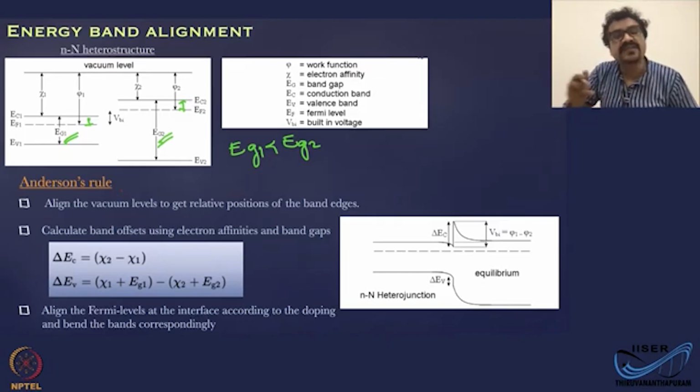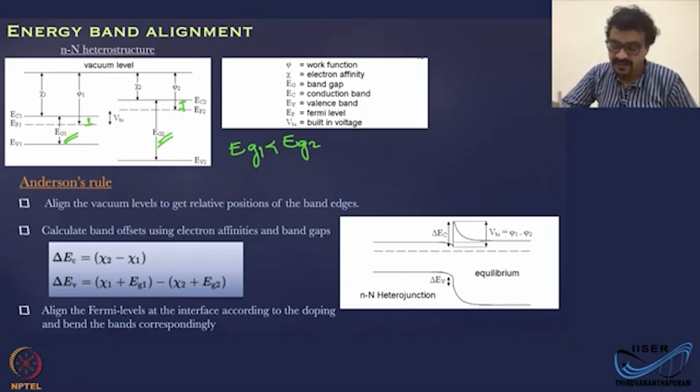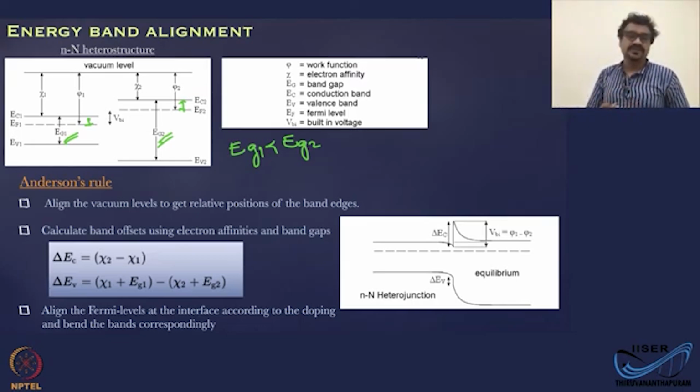So it's a very simple picture, but realistic materials can be very complicated, and the rules also can be complicated, and it is involved. But this is how, to the first degree, we understand how these two materials are joined.